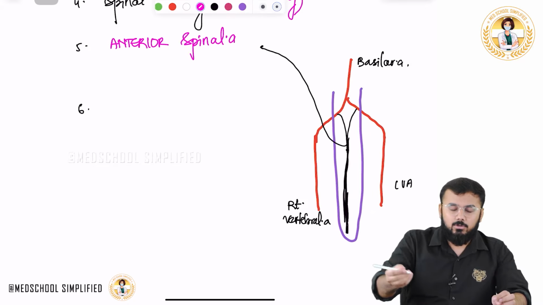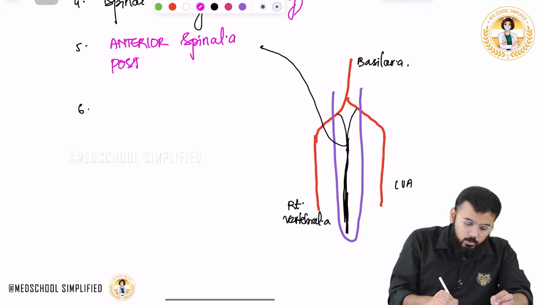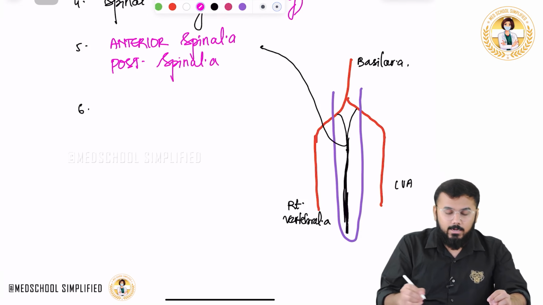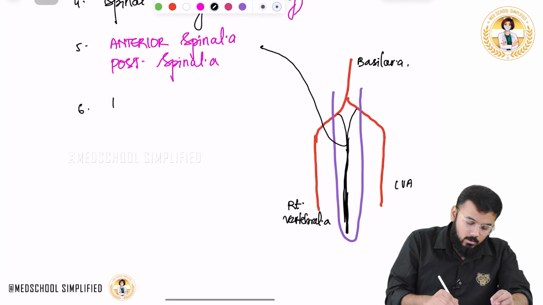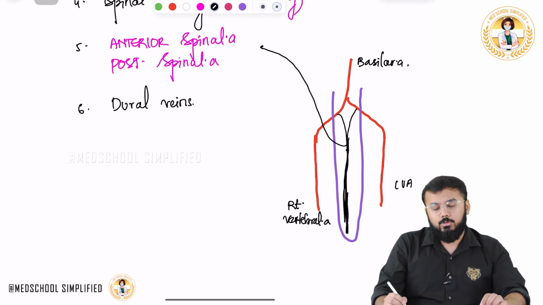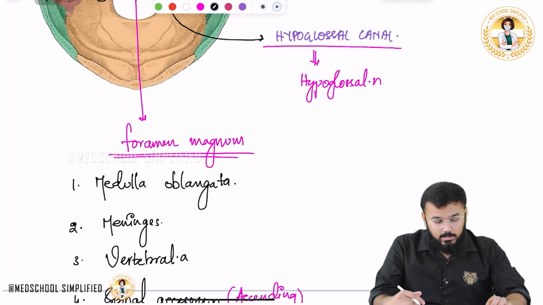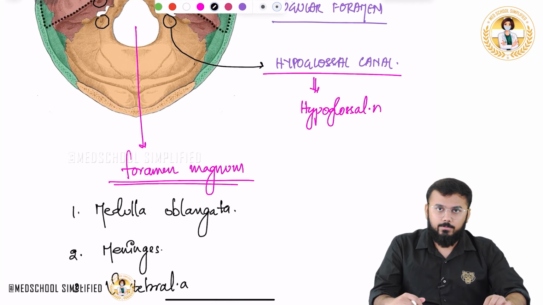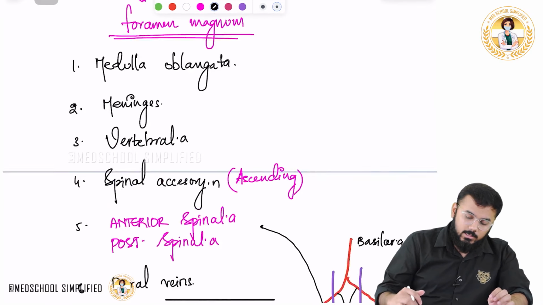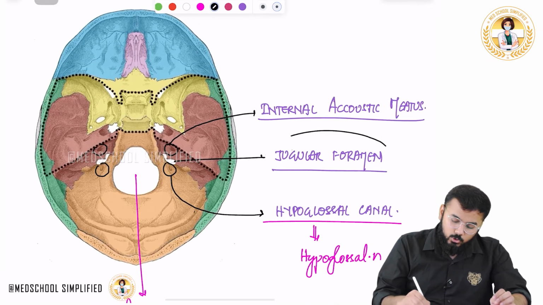The same artery on the back is called the posterior spinal artery. And finally, we also have dural veins. So these are the structures that pass through the foramen magnum of the posterior cranial fossa.